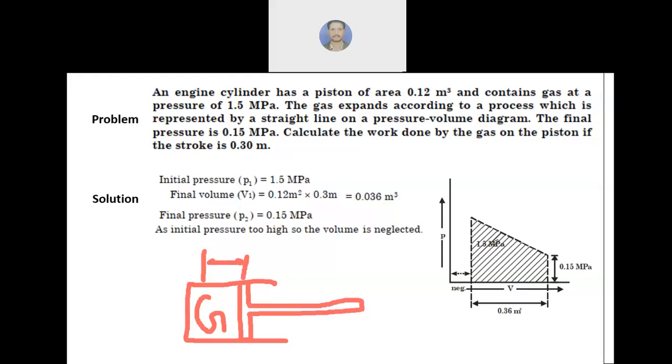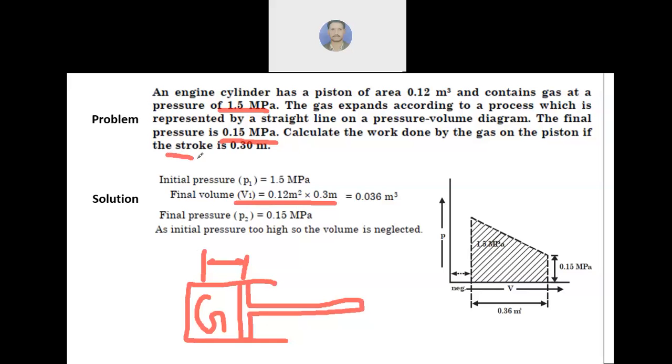Now the initial pressure is given as 1.5 megapascal, and the final is 0.15 megapascal. For the volume, the area is given as 0.12 meter square and the stroke is 0.3, so length into area will give you the volume. Stroke comes when the piston travels some distance.